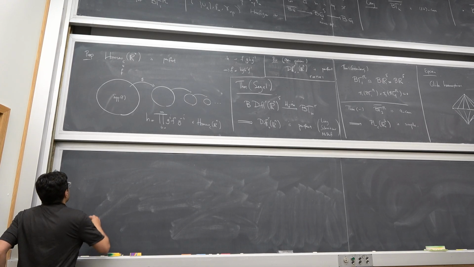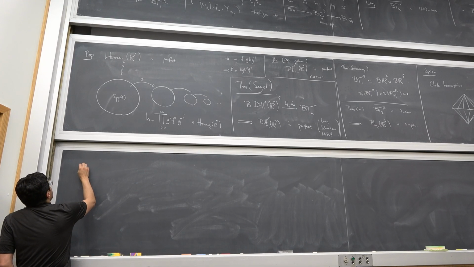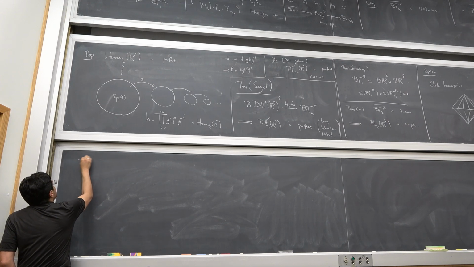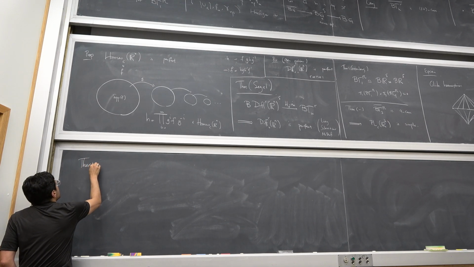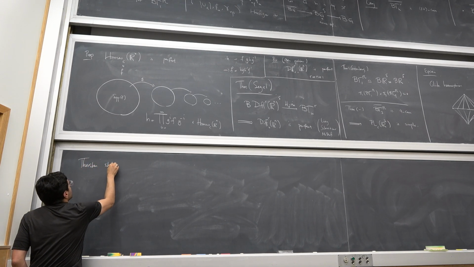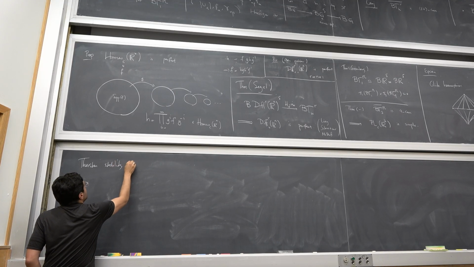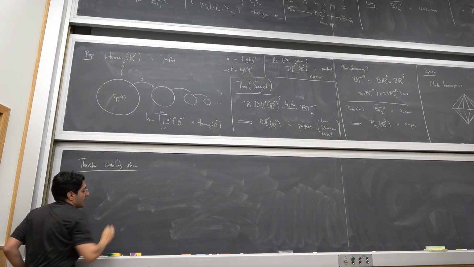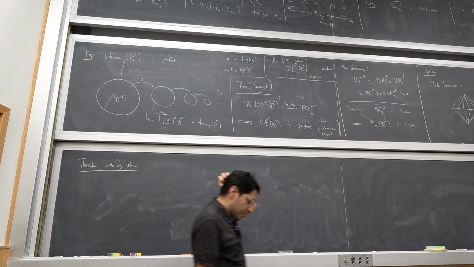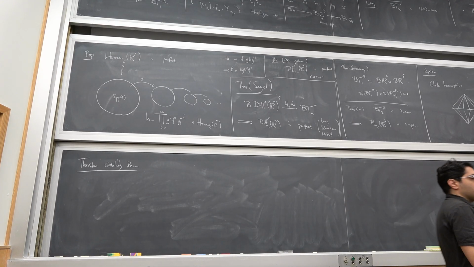For example, there is a theorem called Thurston stability. I'm not going to tell you what it says. It's about stability of leaves of foliations that are at least C1.